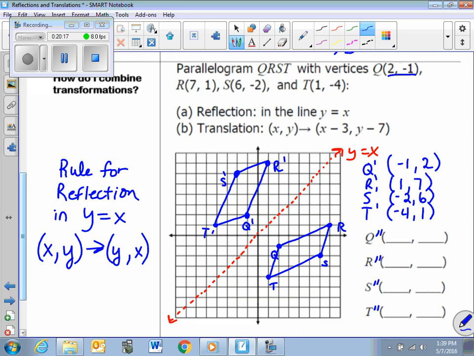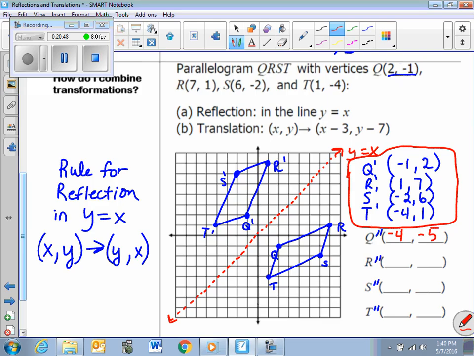All right, that looks good. Okay, and now what are we going to do? We're going to translate. We're going to take our image that we just got, Q prime, R prime, S prime, T prime, and we're going to take every point left 3 and down 7. So when we move all these points left 3 and down 7, we will end up with these new coordinates for the vertices.